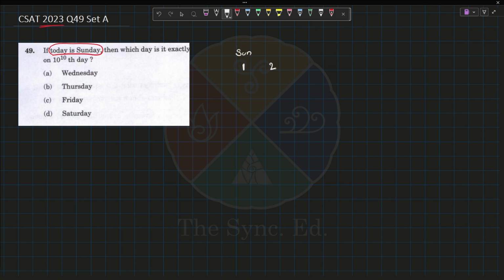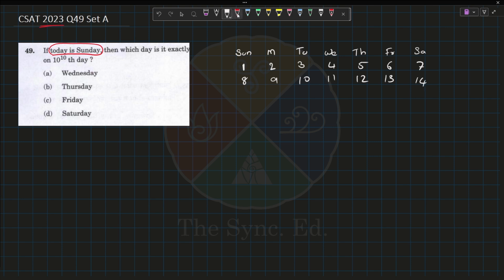That means the second day will be Monday, then 3, 4, 5, 6, 7, that is Monday, Tuesday, Wednesday, Thursday, Friday, Saturday, and it keeps on going. The next set will be 8, 9, 10, 11, 12, 13, 14, and keeps on going.